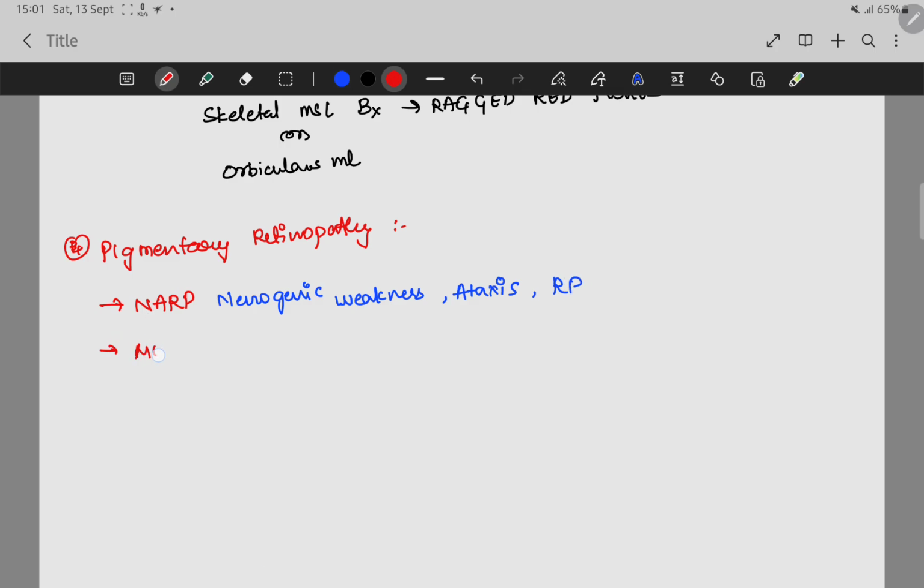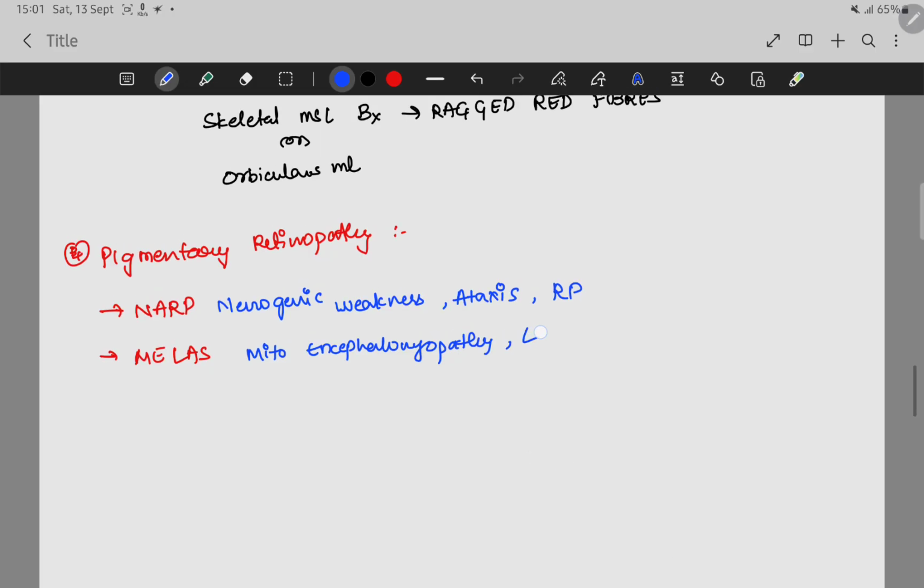Then MELAS, which is mitochondrial encephalomyopathy, lactic acidosis, and stroke.